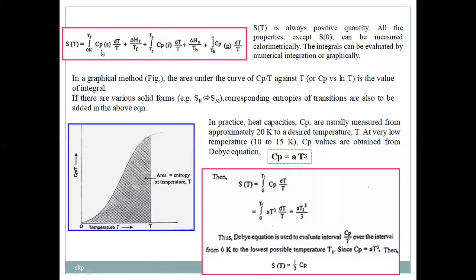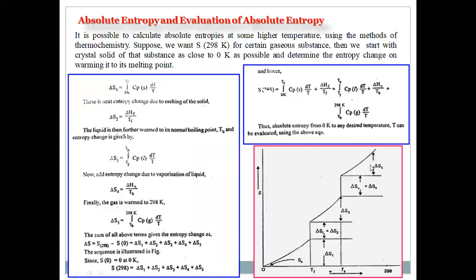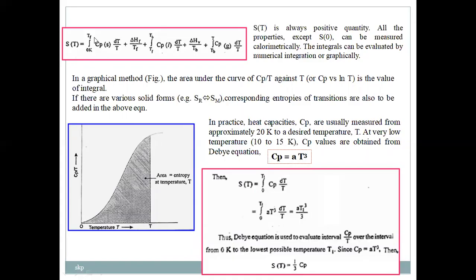That is, the entropy change in all the steps as indicated in this diagram or graph: from 0 Kelvin to the fusion temperature, then the change in heat content in the liquid state, then the liquid from the fusion point to the boiling point, plus its heat of vaporization at the boiling temperature, and finally from the boiling temperature to the particular temperature. It may be 298, 300, whatever the temperature may be.